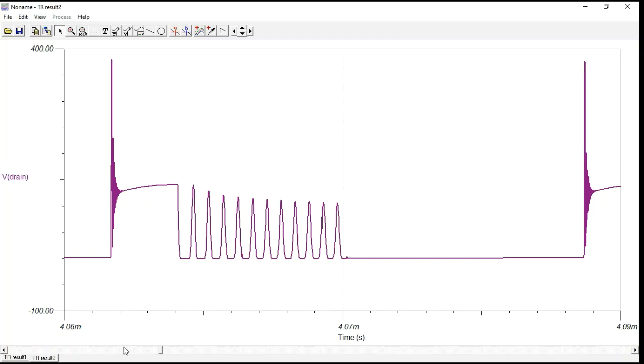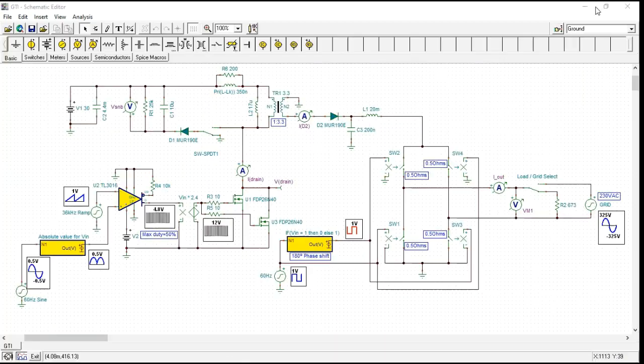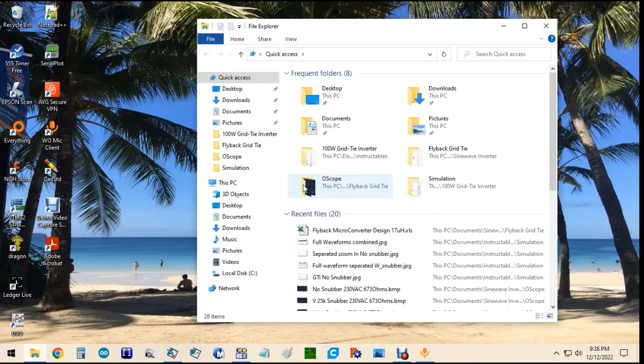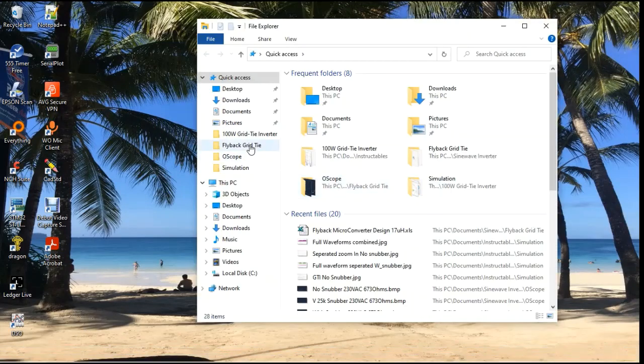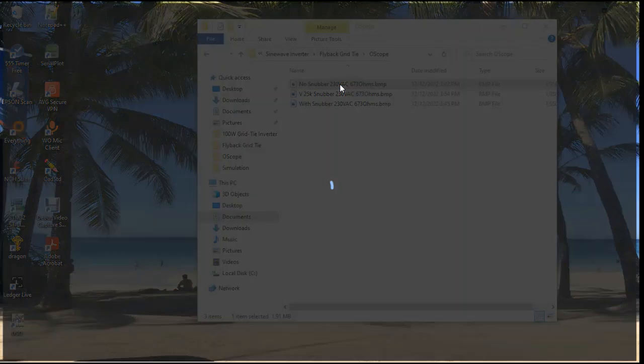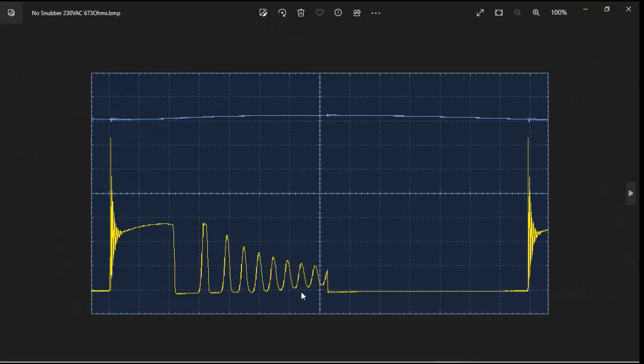Now I also have the actual unit where I measured this. If I come back and go to here, I have no snubber, 230 volts AC. So this was measured on the oscilloscope.